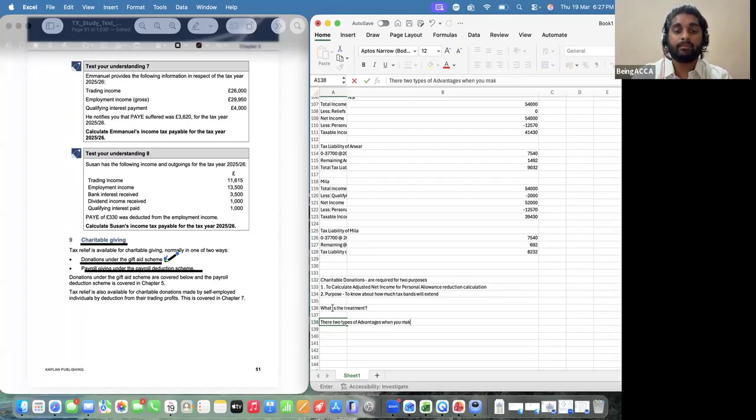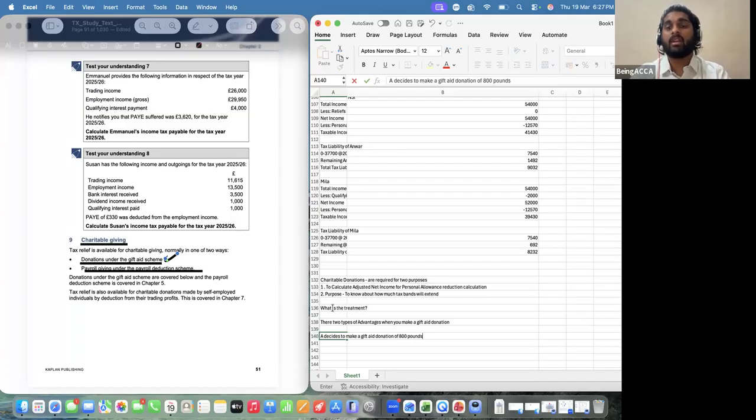When you make a gift aid donation, for example, suppose Aid decides to make a gifted donation of 800 pounds.